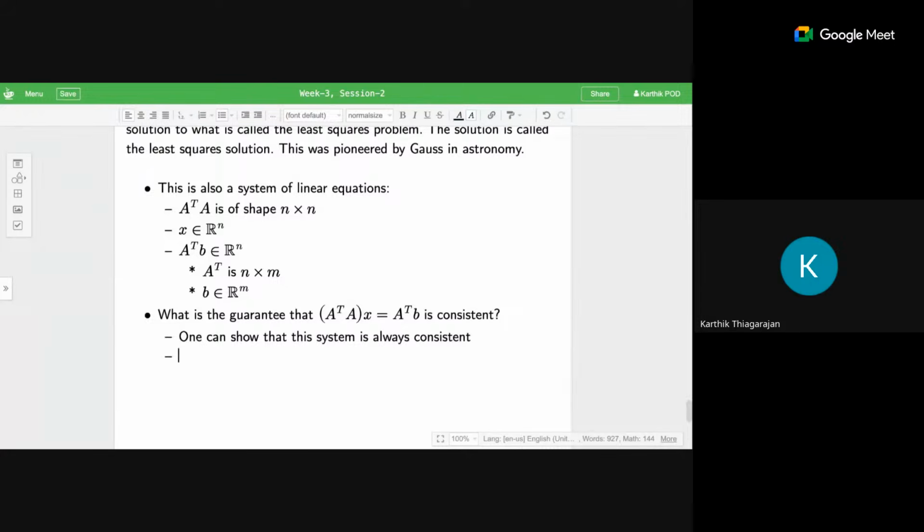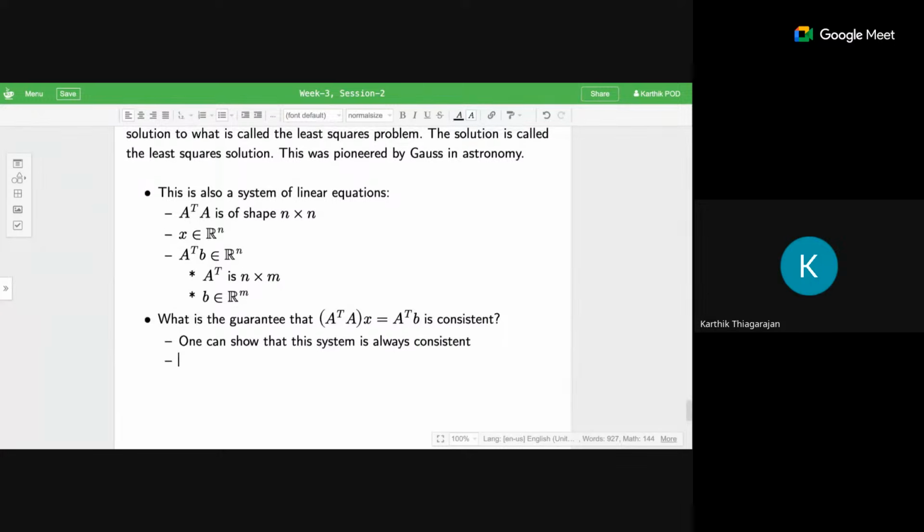And A transpose A will be invertible provided A has full column rank. Again, this is not very straightforward. There is a link between these two.